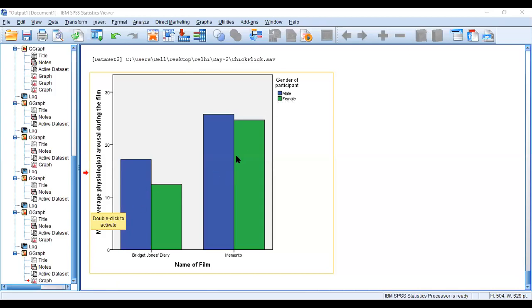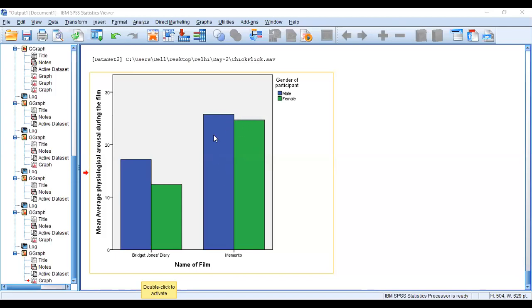This data shows that both movies were liked, and male participants enjoyed more, whether they were watching Bridget Jones' Diary or Memento. We can say this particular movie was less appreciated by male and female, but this is the mean score arousal of our participants.